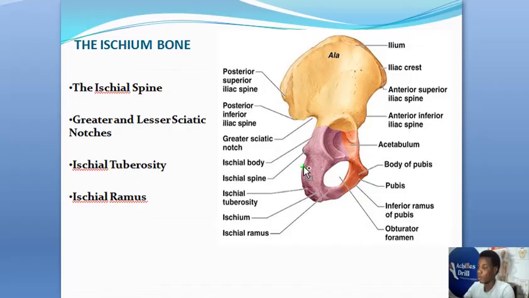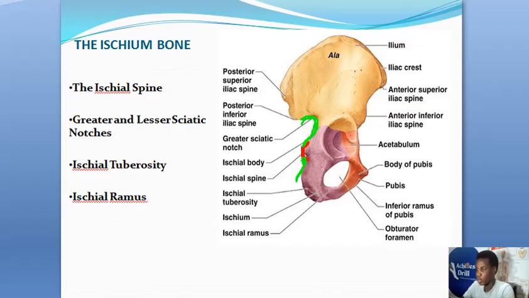So we'll talk about those structures now, starting first with the ischial spine. The ischial spine is this structure, this tubercle right there. It is very important. It is kind of a landmark for some notches around the hip. We have the greater sciatic notch right here, more or less like an indentation, and then we have the lesser sciatic notch right there beneath the ischial spine.